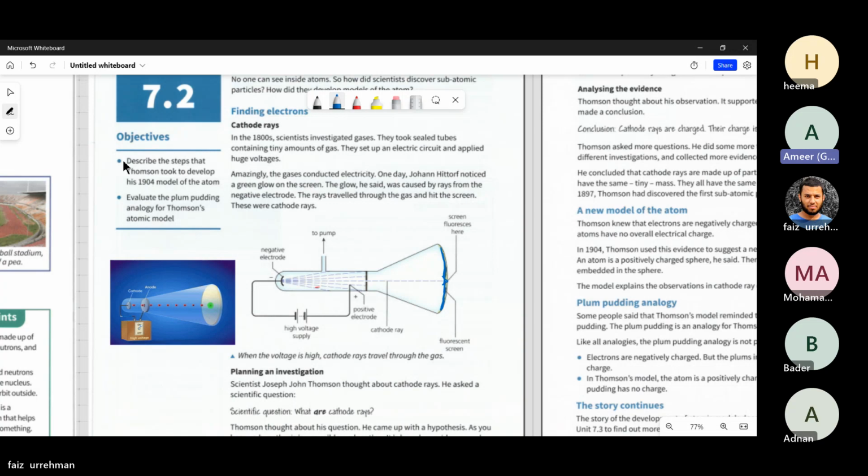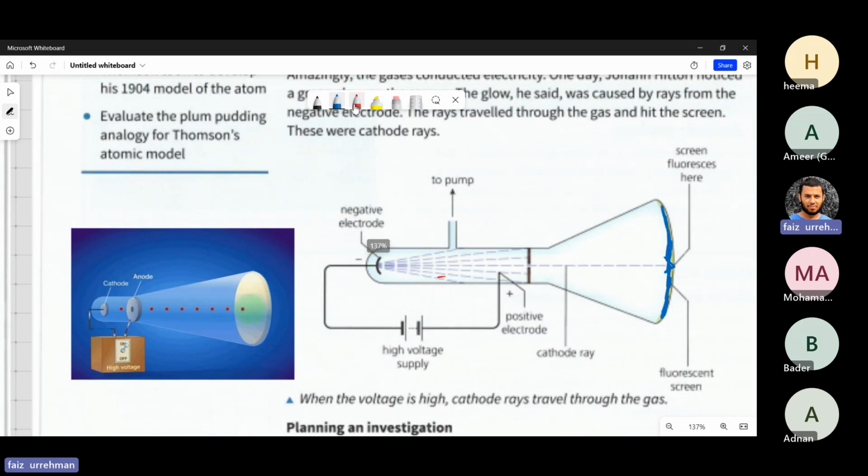This experiment depends on the element that you are using. The name for the negative electrode is cathode, which is explained to you here. Okay, so the arrangement is not different. I was thinking something else.